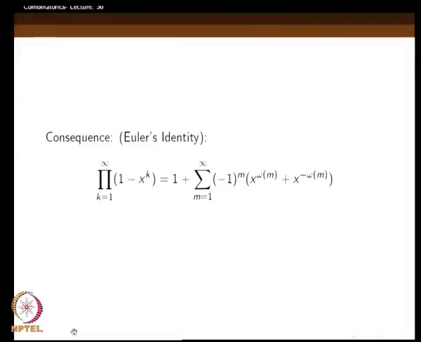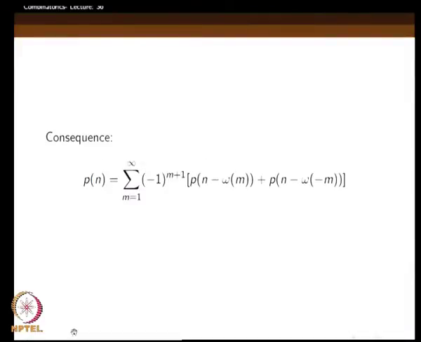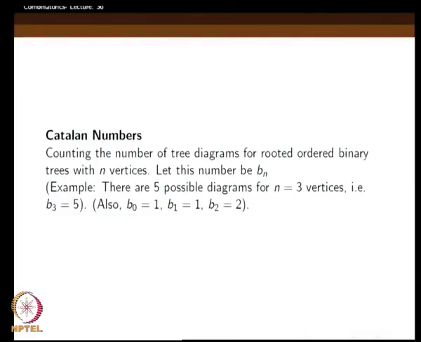Now, our next aim is to look at Catalan numbers. Here also we will have some use for generating functions, but these Catalan numbers are also quite interesting, because they happen to be the answers for several cute problems.